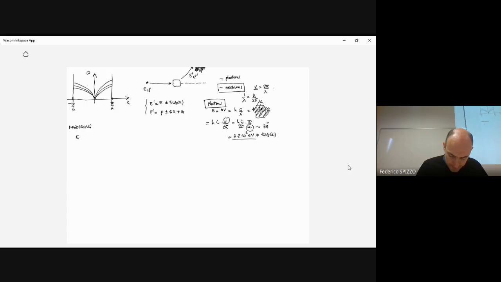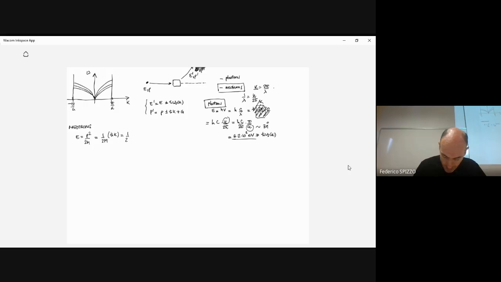So the energy is p squared divided by twice the mass of the neutron. At this point, if we replace p with h bar k, and we use as an estimate of k, again, pi divided by a.